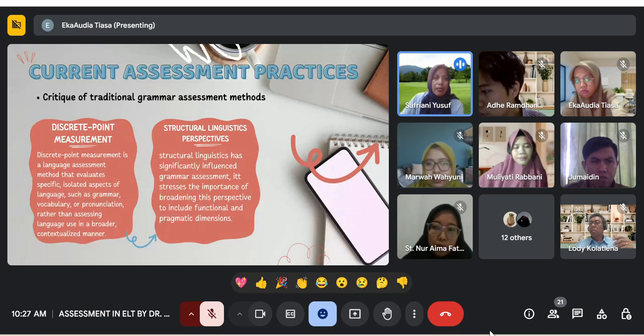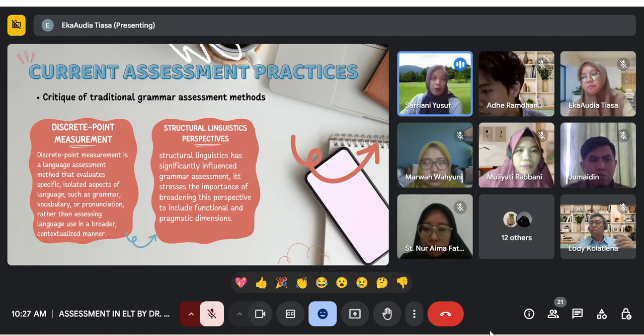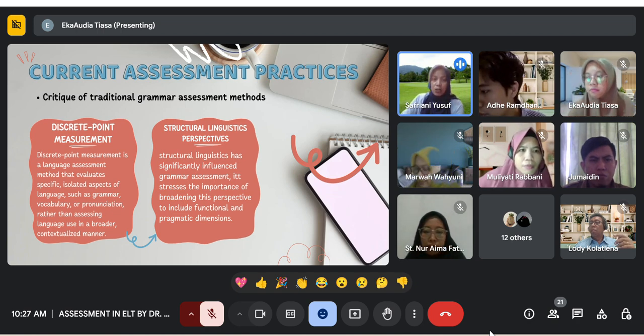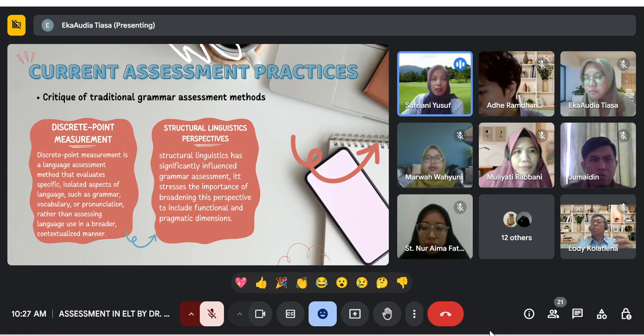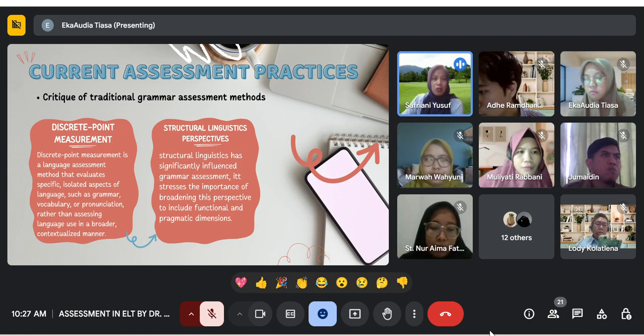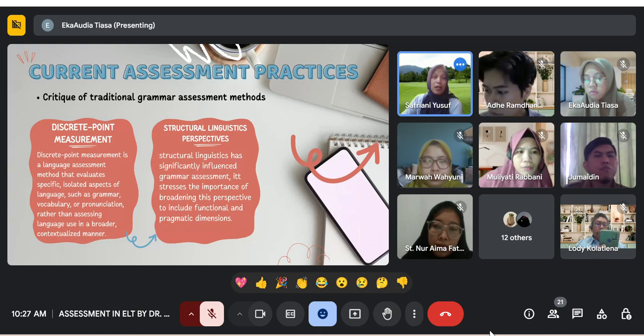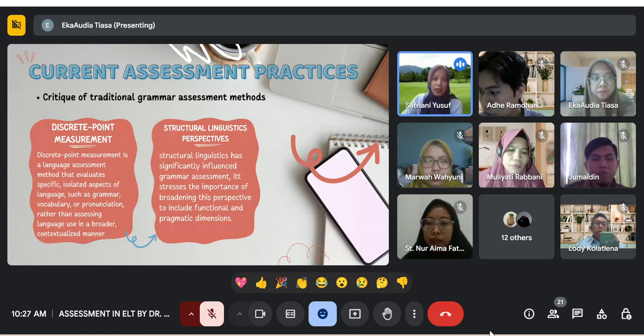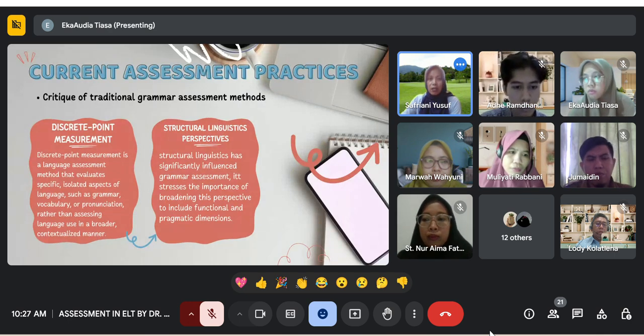So, the conventional ones tend to separate grammar from its practical use in communication. This disconnect between instruction and evaluation fails to account for the complexity of language in real world interactions.